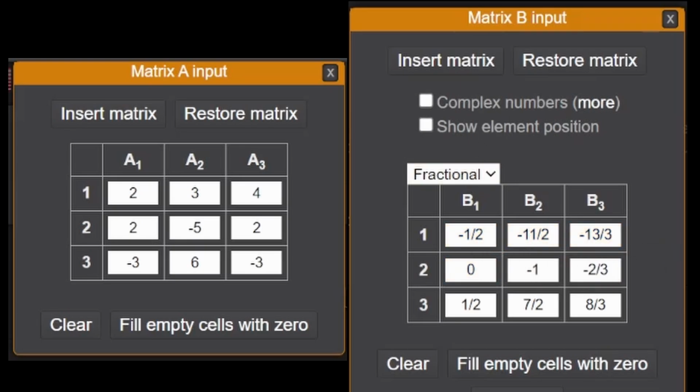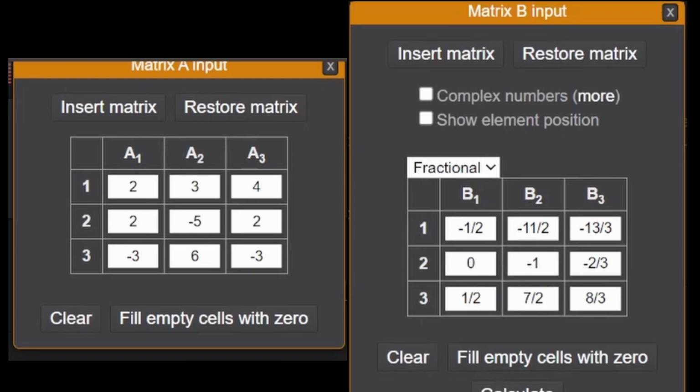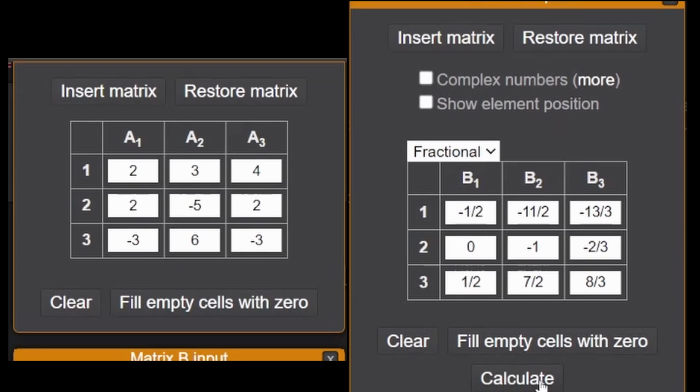So if we find the product of these two matrices, which means I've just got to press calculate, we're looking for the identity matrix. Fingers crossed this comes out with the identity matrix that we're looking for.